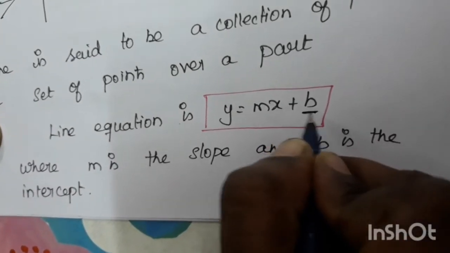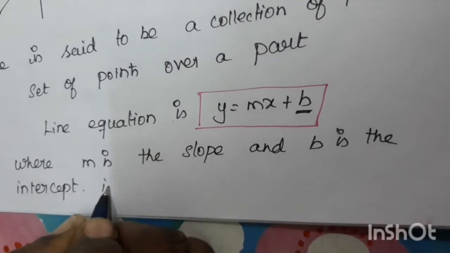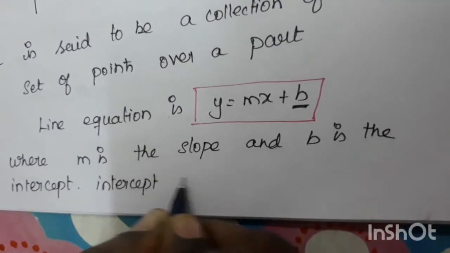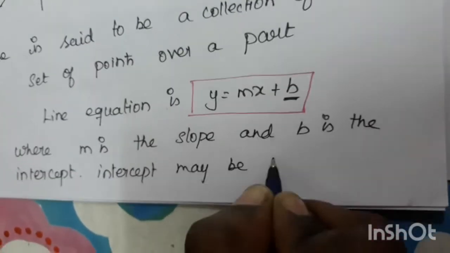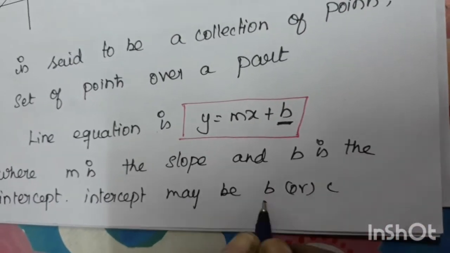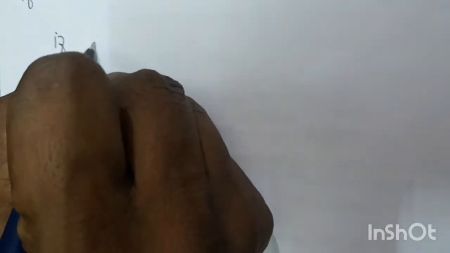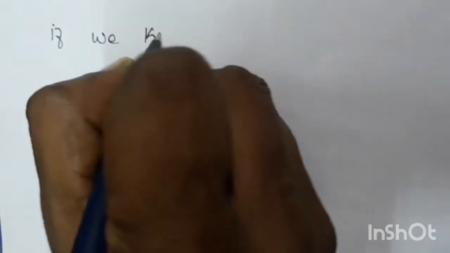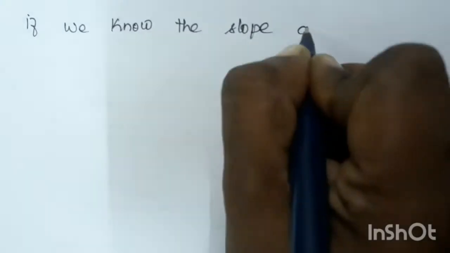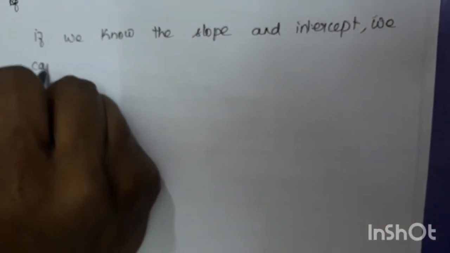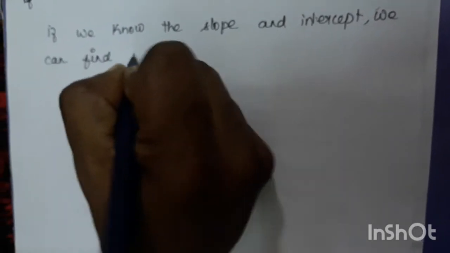So this constant b is the intercept, may be b or c, whatever it is we can use. If we know the slope and intercept, we can find any point on the line segment.